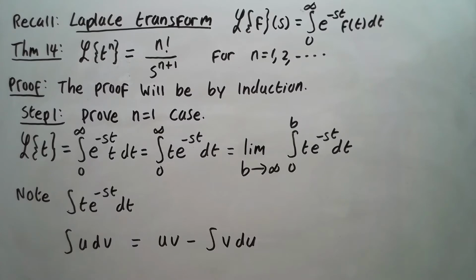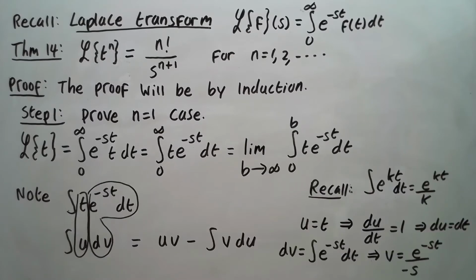So let me note that here. Again my u is t, that means du/dt is 1, which means du equals dt. And my dv is e to the minus st dt.